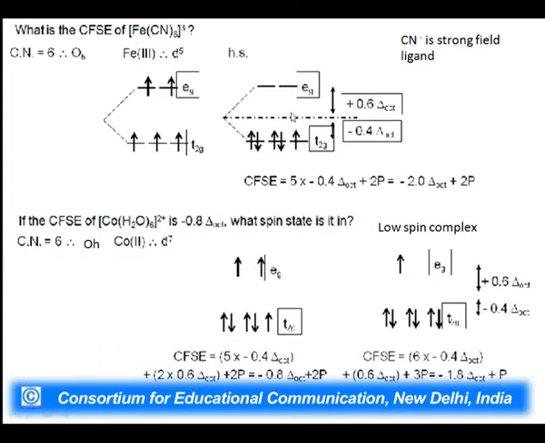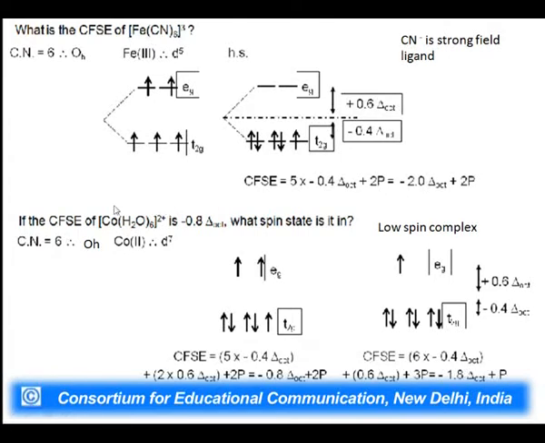When that separation is large, that means 10 DQ is larger, we expect a low spin complex being formed. Now, had iron been in the high spin format, the CFSE would have come out to be 0. But since cyanide in this case is a strong ligand and 10 DQ is larger, what we get is a CFSE of 5 into 0.4 delta O plus 2 pairings that have taken place. So it is 2.0 delta O or 20 DQ plus 2P. So that becomes the equation.